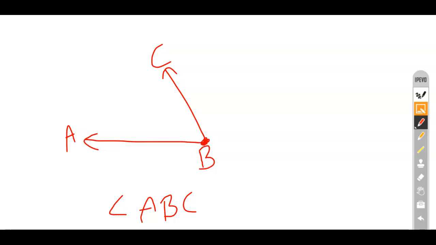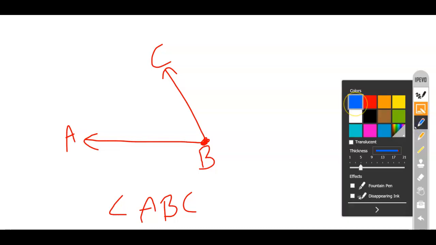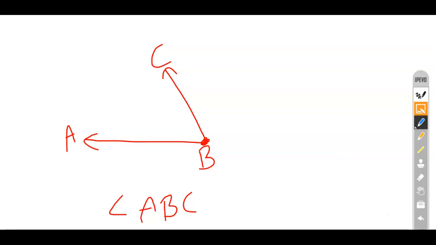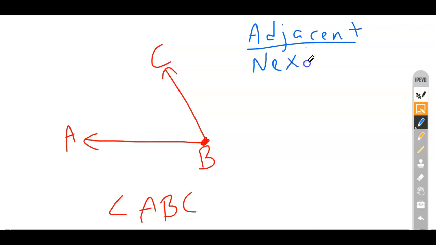So in order to have an adjacent angle, adjacent means that it is sitting next to. It's sitting next to a given angle.